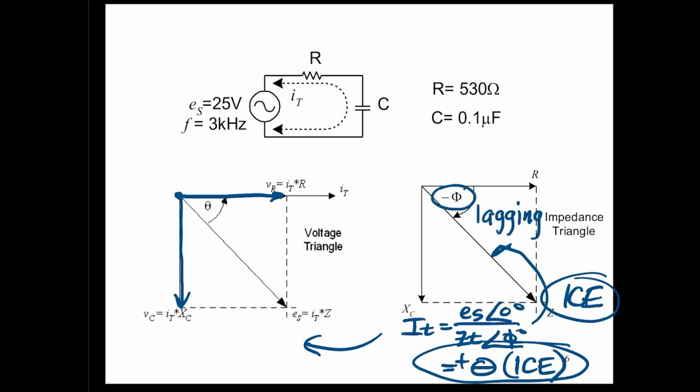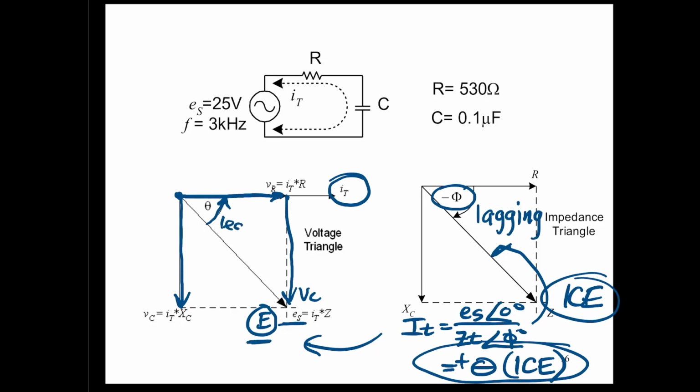And so now it means the hypotenuse of this triangle, because of course VC could be shown here. The hypotenuse is what you see here, the ES value. But notice how, if we pick E as the reference, we have a phase angle or a current that is leading that voltage.